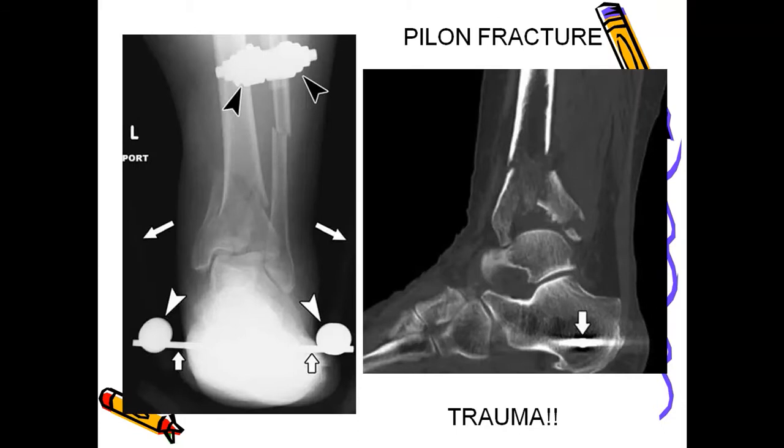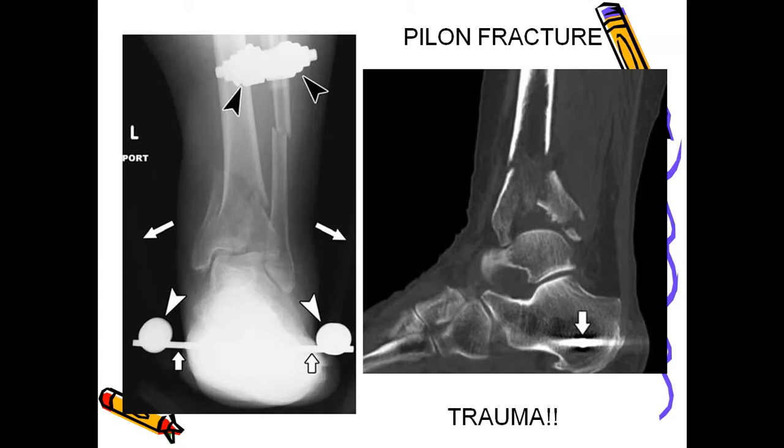And the pilon fracture is one of the most common and complicated fractures. The main mechanism of injury is a fall from height. It is a high velocity injury in which most of the time the fracture is associated with dislocation of the ankle. So this is called a pilon fracture.